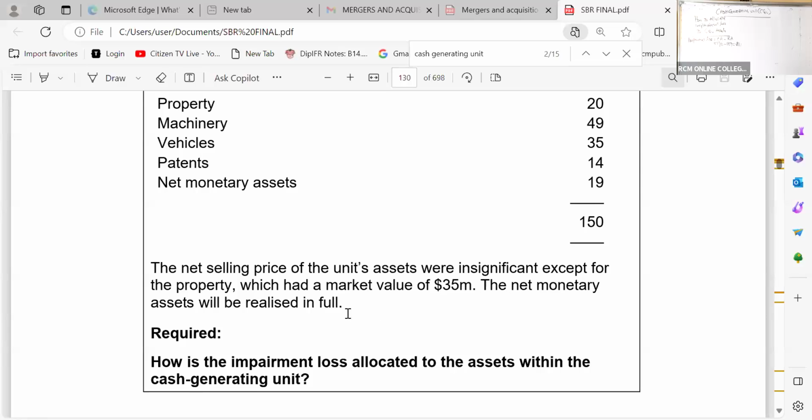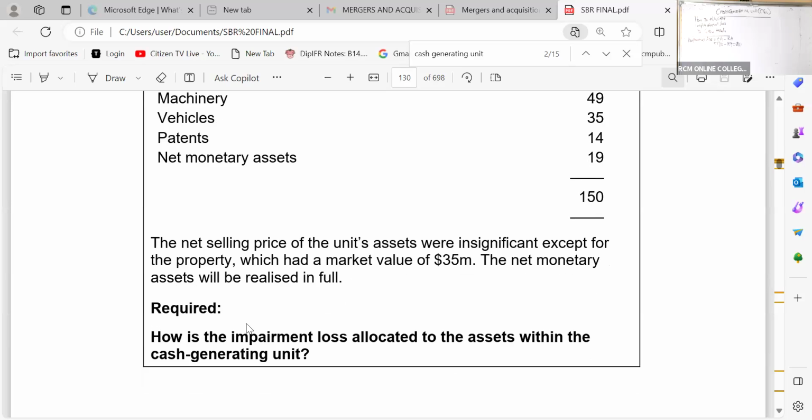The net monetary assets will be realized in full, because net monetary assets are like bank balances. Net monetary assets are never impaired, not unless your government defaults on its loans. That's when you will get a haircut, including on what you have in your bank. Otherwise, net monetary assets, which include cash at bank, will always be realized in full.